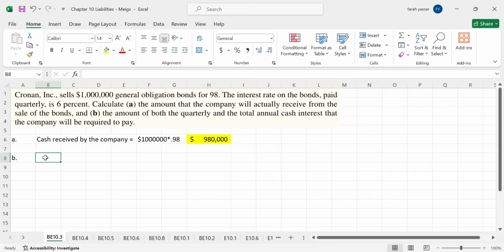So first we are going to calculate annual interest, and in annual interest the total amount of the bonds is 1 million.